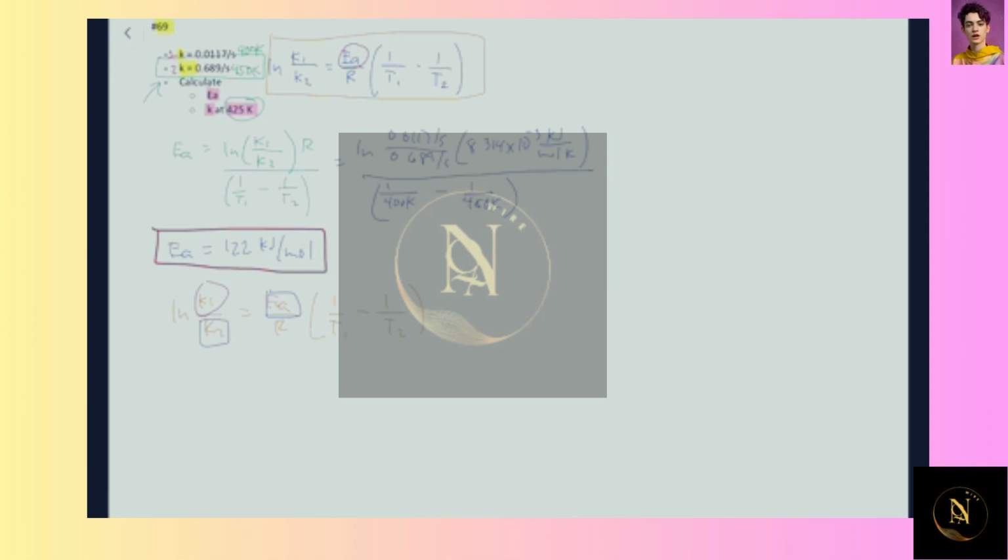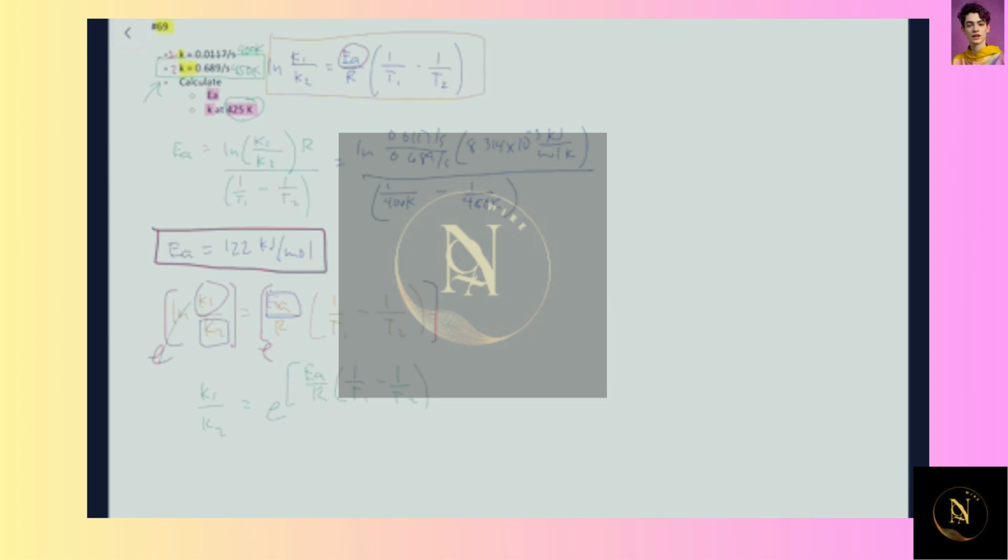In order to do that, we need to raise both sides by e, in order to cancel that ln. So now I have K1 over K2 equals e raised to EA over R times 1 over T1 minus 1 over T2.